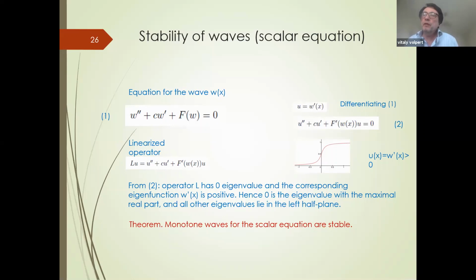We don't discuss this now, but here we obtain a very simple consequence of the Krein-Rutman theorem, which tells us that 0 is the eigenvalue with the maximal real part. All other eigenvalues have negative real parts. Therefore, we have here this stability with shift.